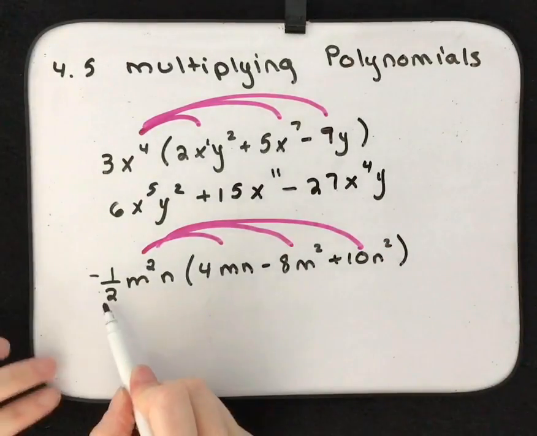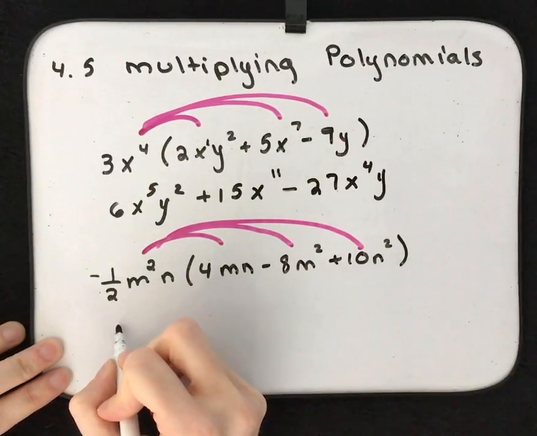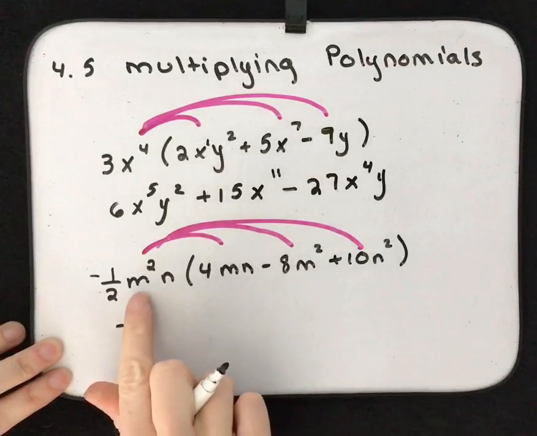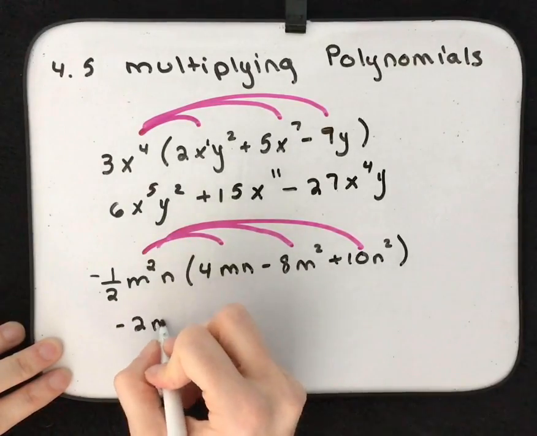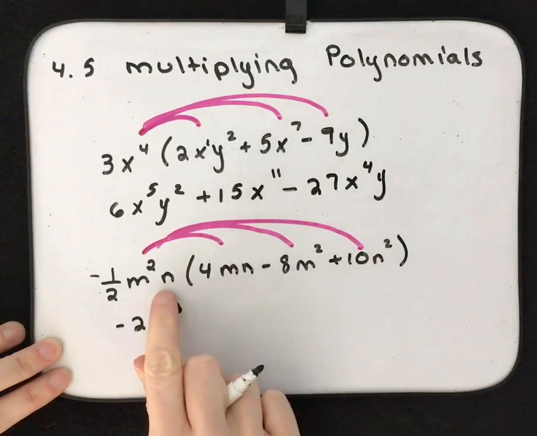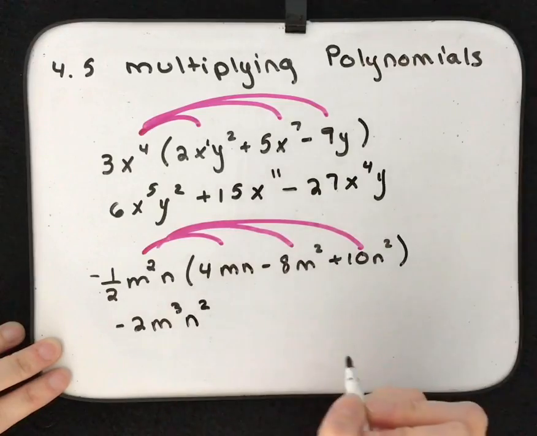So we have 1/2 times 4, negative times a positive gives us negative 2. We have m to the second times m to the first. 2 plus 1 is 3, so m to the third. We have n to the first and n to the first. 1 plus 1 is 2.